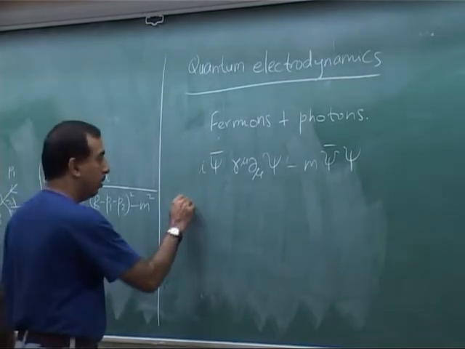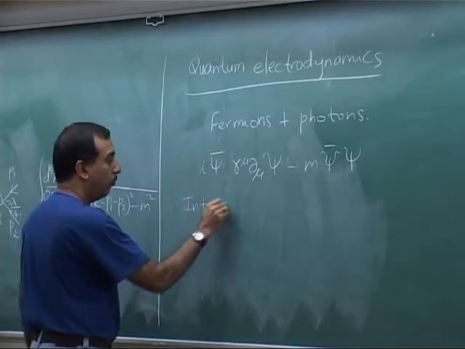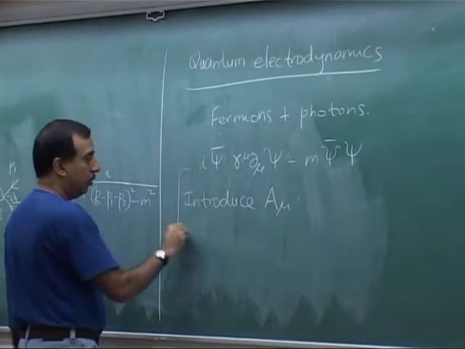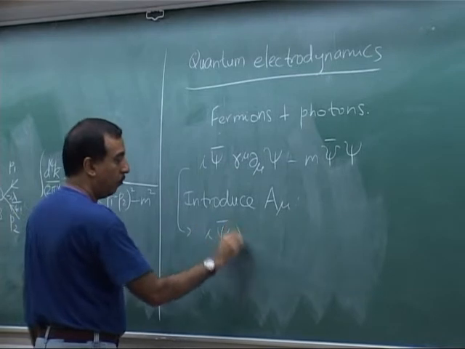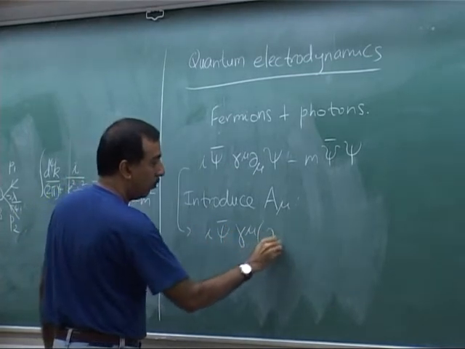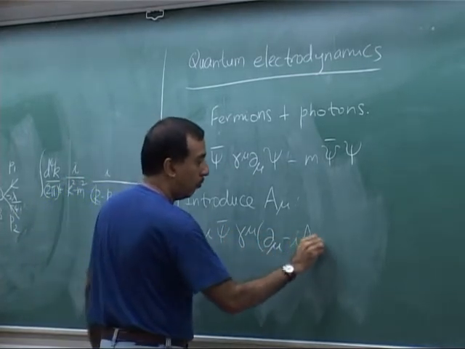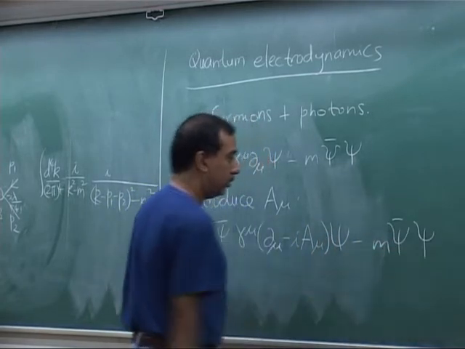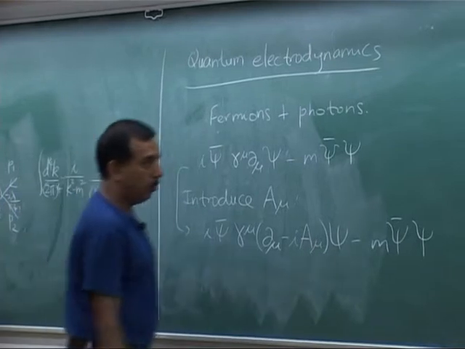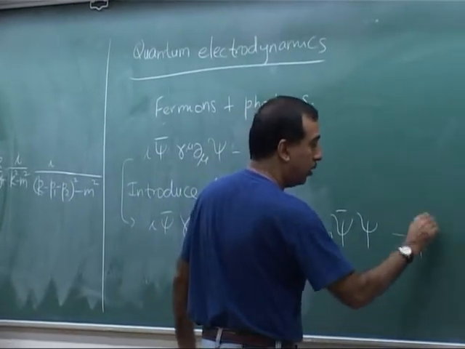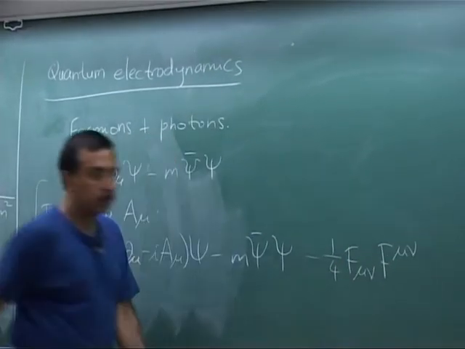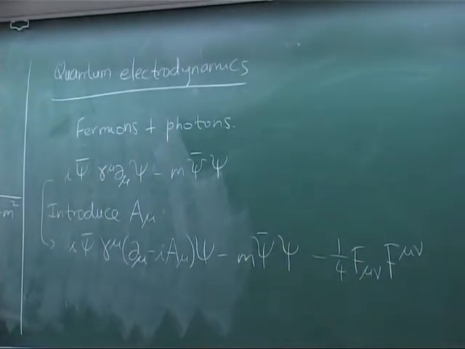So we introduce A mu such that this thing becomes this, and then of course in order to make A mu propagate, we have that. So that's the theory.